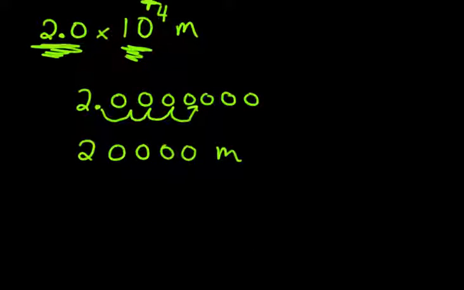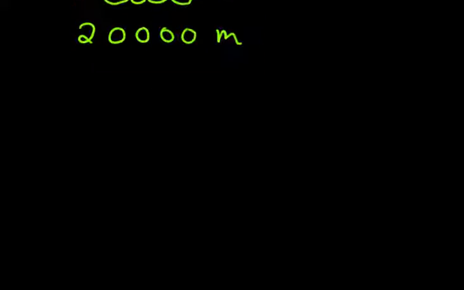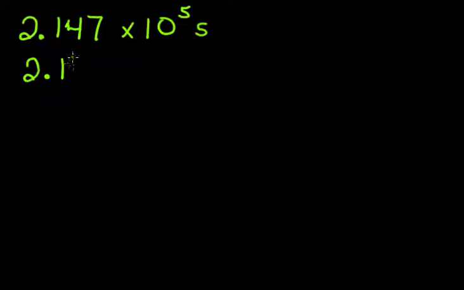And this can happen with any form of number we use. And we'll look at a couple examples of scientific notation. So 2.147 times 10 to the 5th, we'll say that's seconds we're counting. We'll give it a unit because we're talking about measures. I would write 2.147, give myself some extra zeros here.